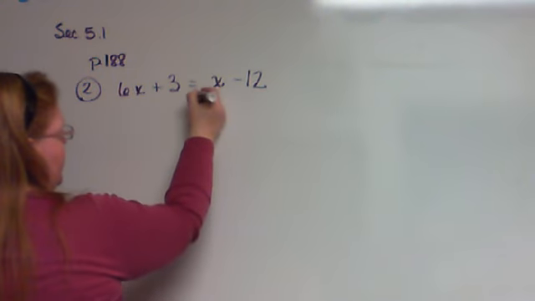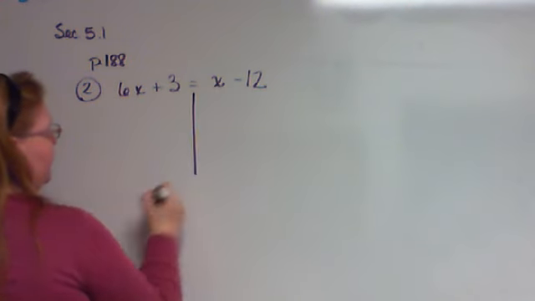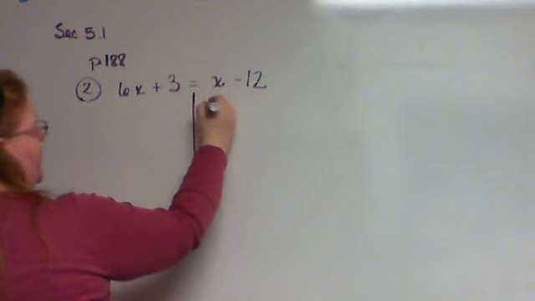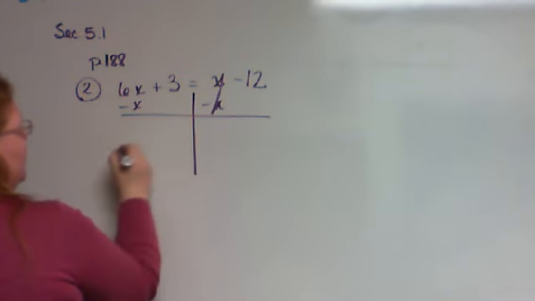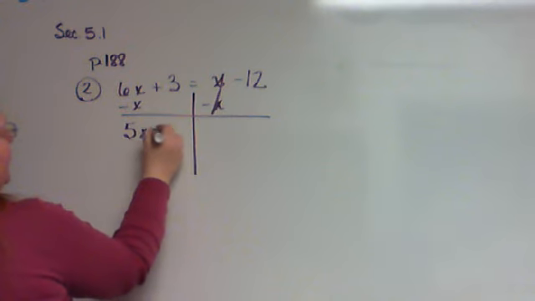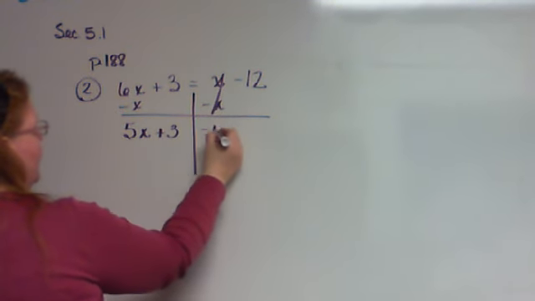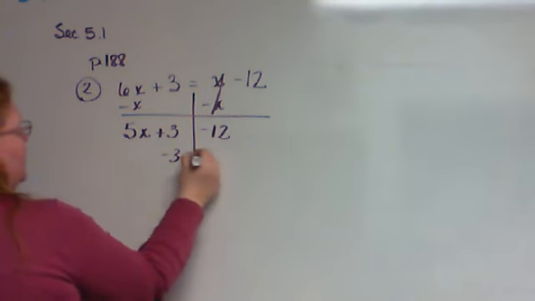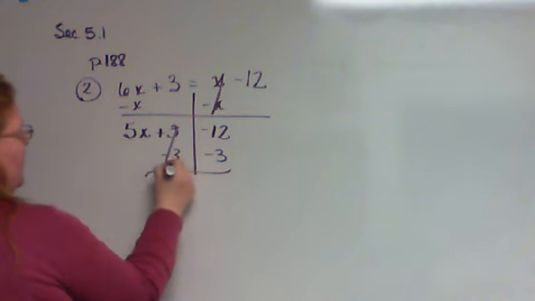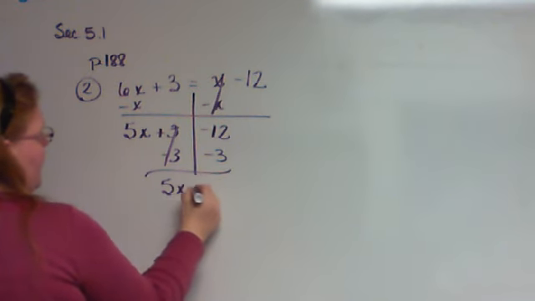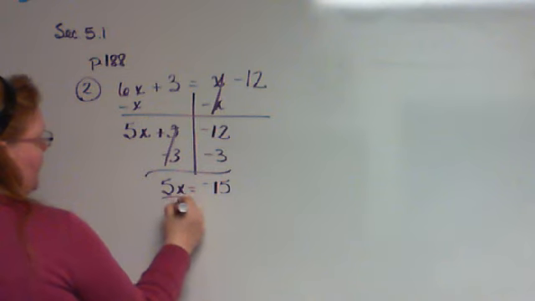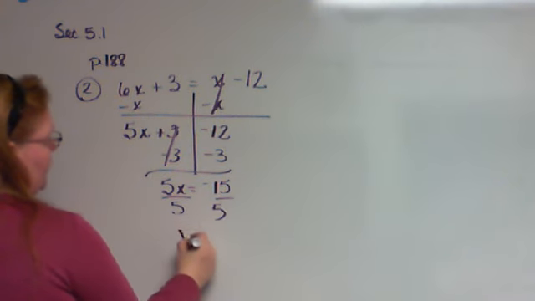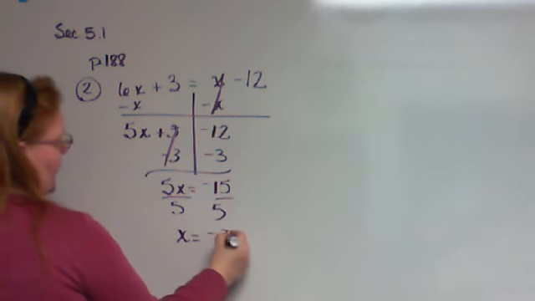This one is an equation. It's got a big old equal sign up there. So I'm going to go minus x and minus x. And that gives me 5x plus 3 and negative 12. Minus 3 and minus 3. 5x is equal to negative 15. Divide both sides by 5. X is equal to negative 3.